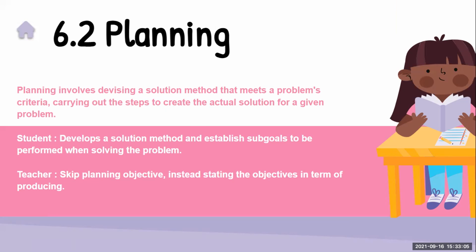So create is associated with three cognitive processes. The first is generating, and the second is planning. Planning involves devising a solution method that meets a problem's criteria, and also carrying out the steps to create the actual solution for a given problem. In planning, students develop a solution method and establish sub-goals to be performed when solving the problem.